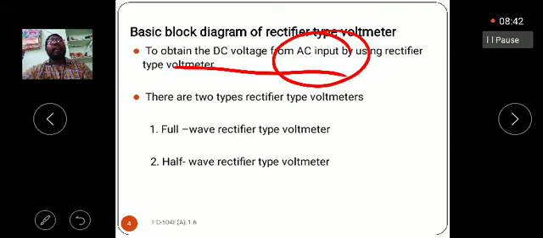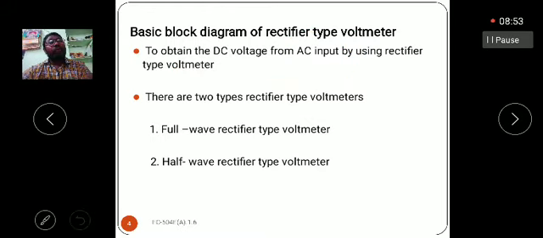Our requirement is to obtain the DC voltage, but the input signal is in the form of AC input.